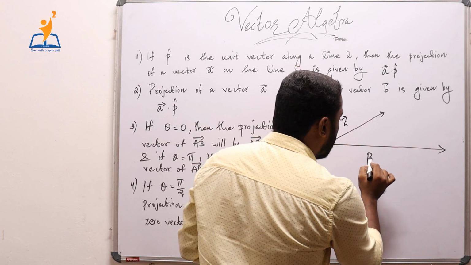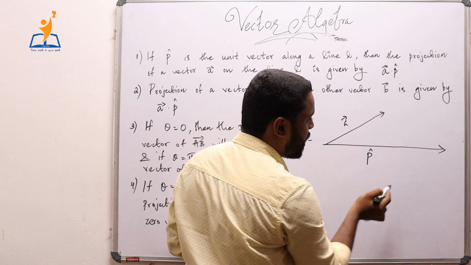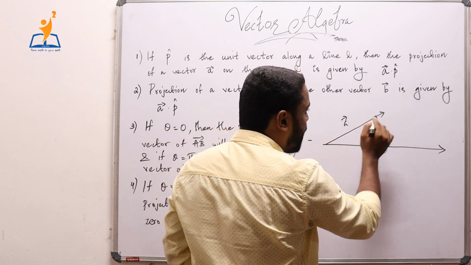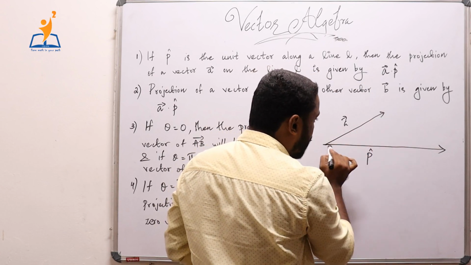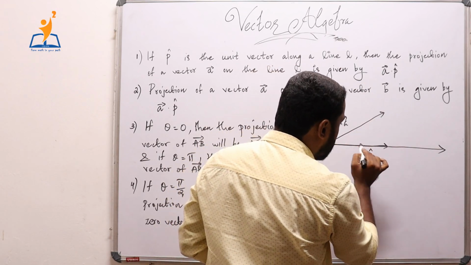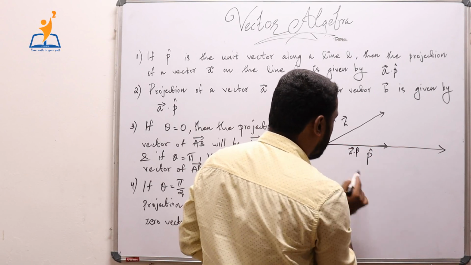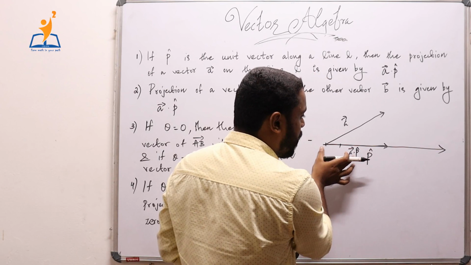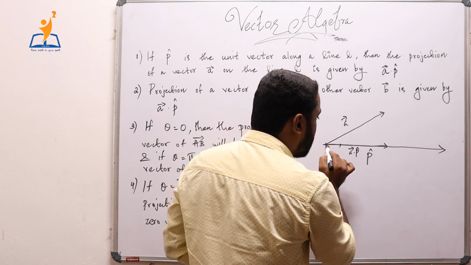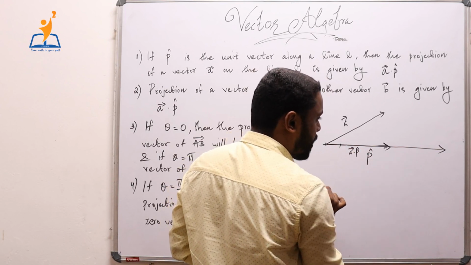Now suppose that p cap is the unit vector along this direction. Then a bar dot p cap is nothing but a vector here, from here to here, because p cap is a unit vector, and when we multiply it with a bar, we get a vector in the direction of this directed line segment.